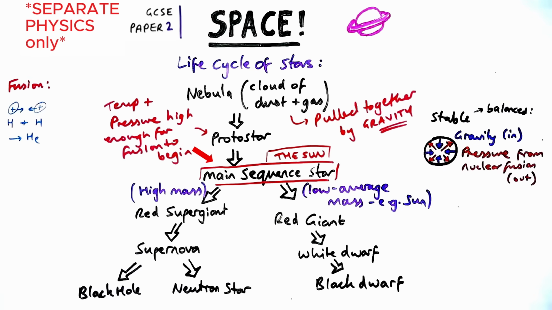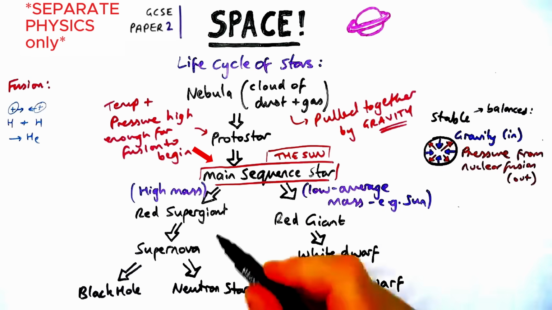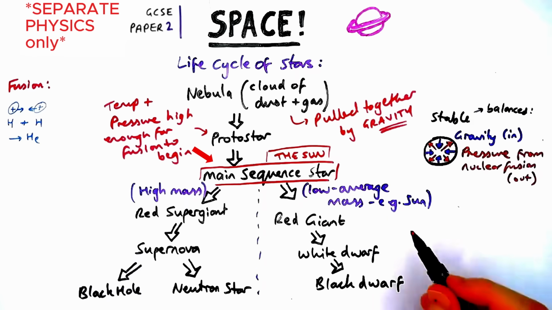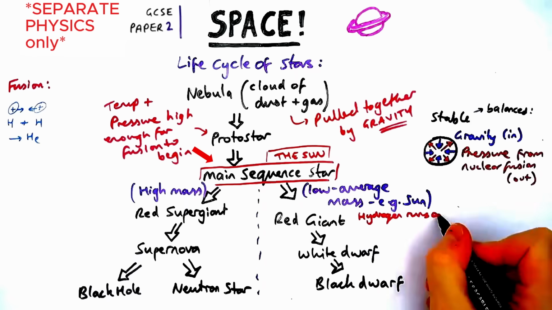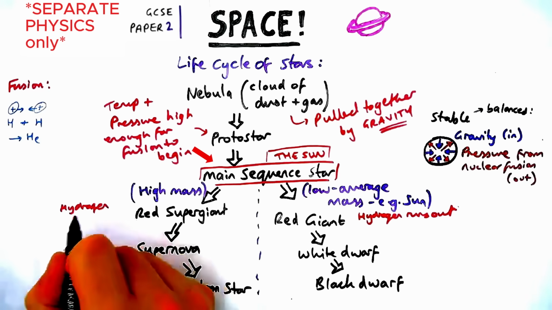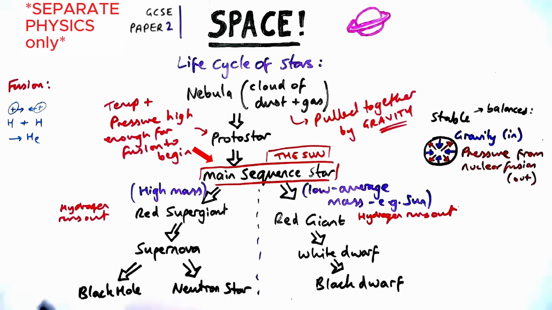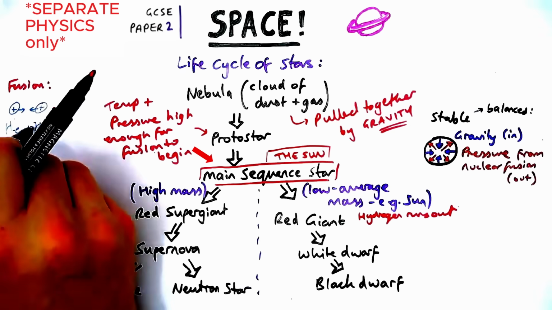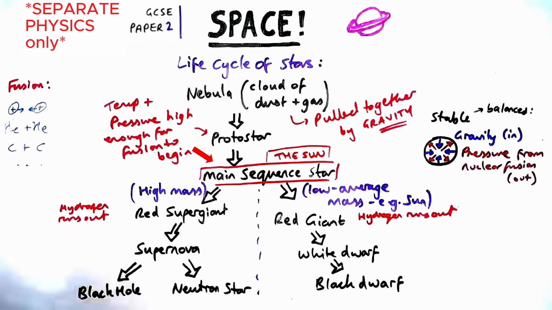Now, once that stage is finished, we are going to talk about what happens when it goes to the red giant or red supergiant phase. So the red giant, first of all, once the hydrogen runs out, then it is no longer a main sequence star. What will start happening is it starts to fuse heavier and heavier elements. So instead of hydrogen, it might be helium. Then it might be carbon, it might be oxygen.